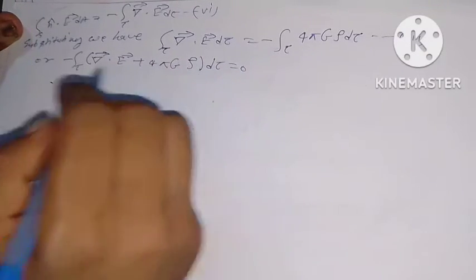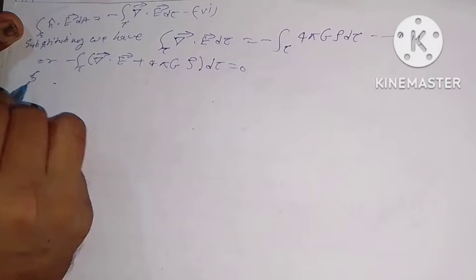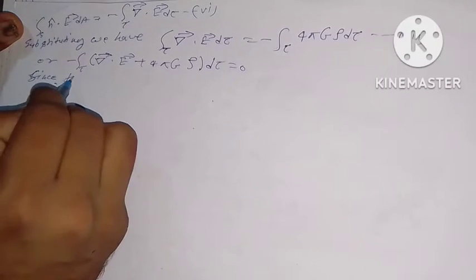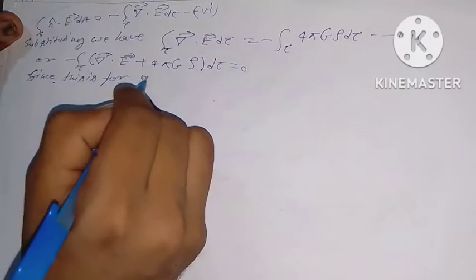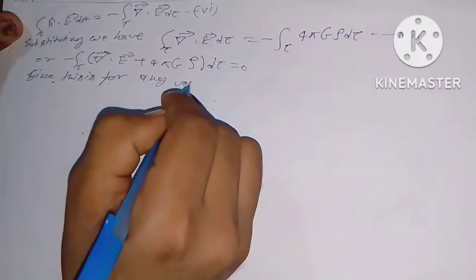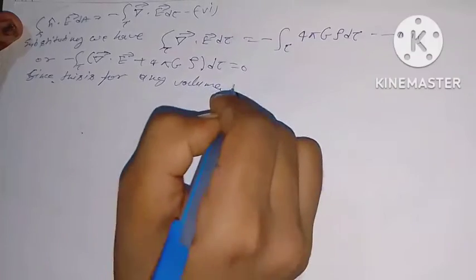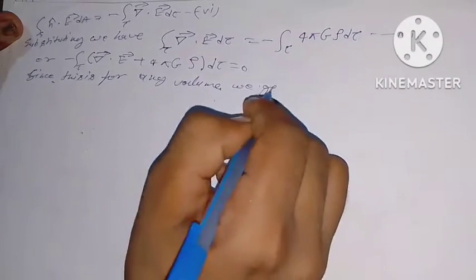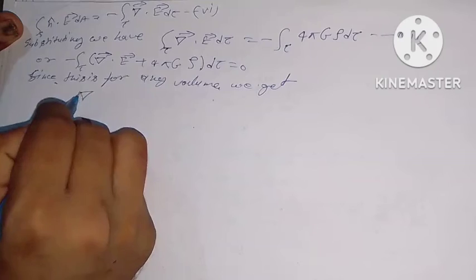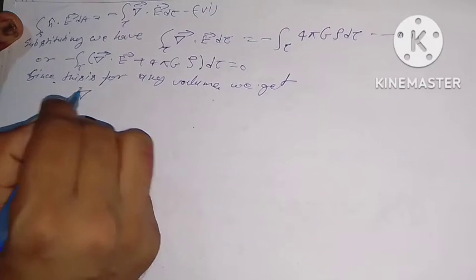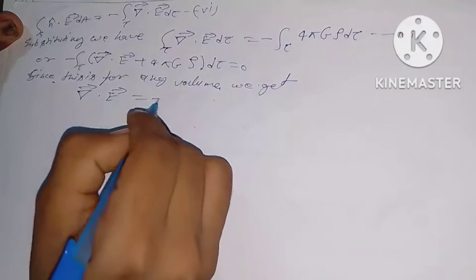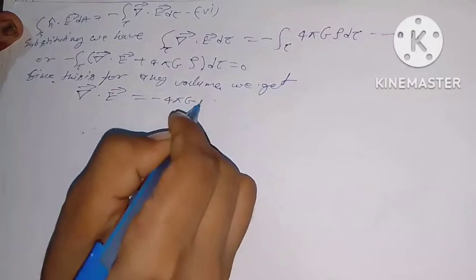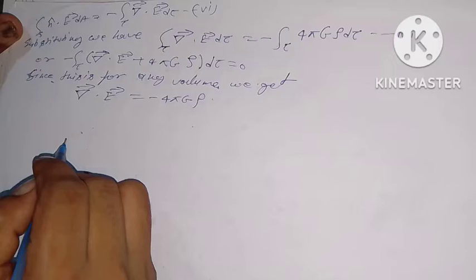Since this is true for any value, we get vector del dot vector E equal to minus 4 pi G rho. This is equation number 9.